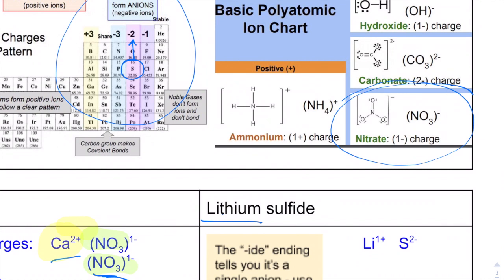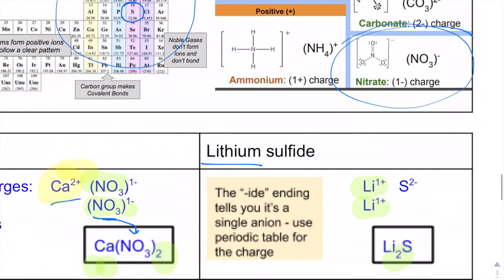Then I ask myself, do they add up to 0? +1 and -2 do not add up to 0. I need more positive. So I write another Li, and now they do add up to 0, and now I count. The lithium's 1, 2, so I put Li2. And the S, there's only one, so just S, 1S.